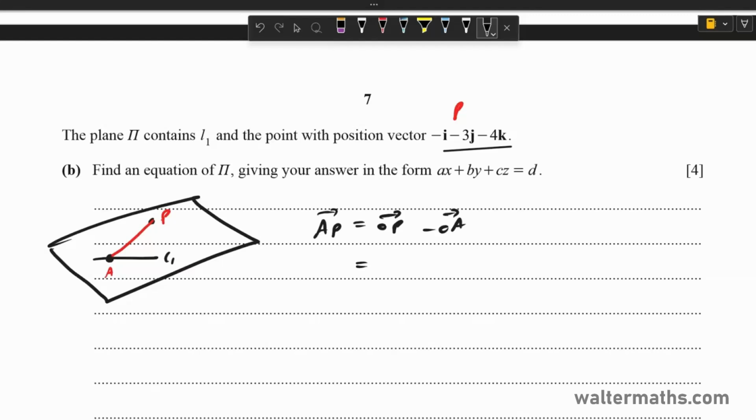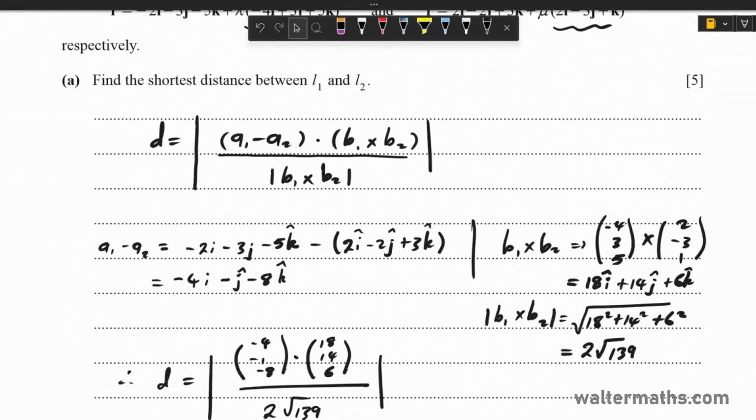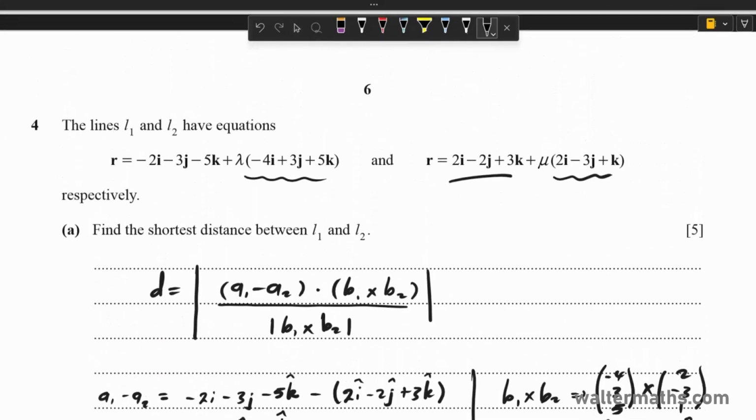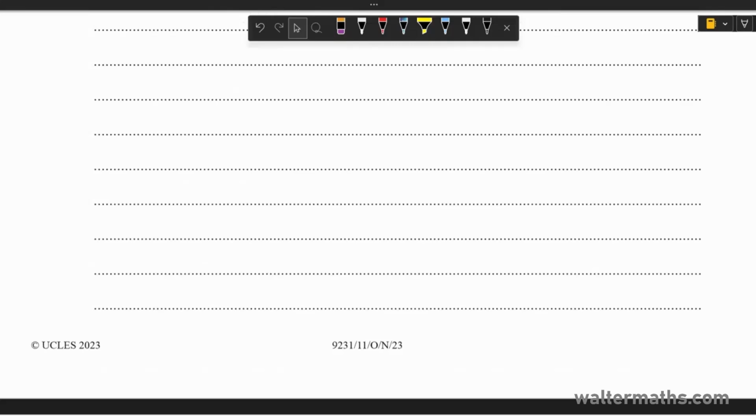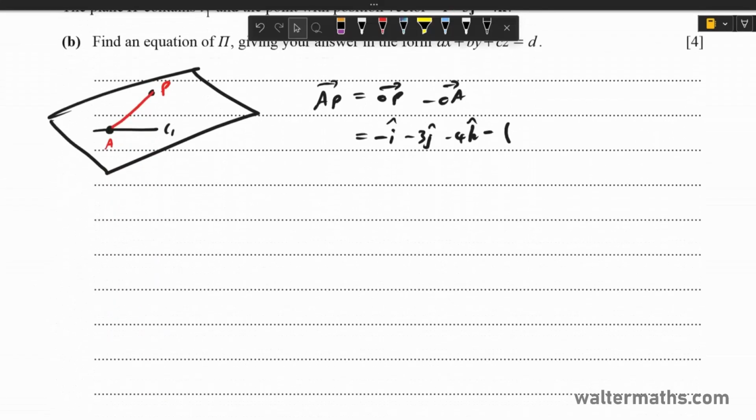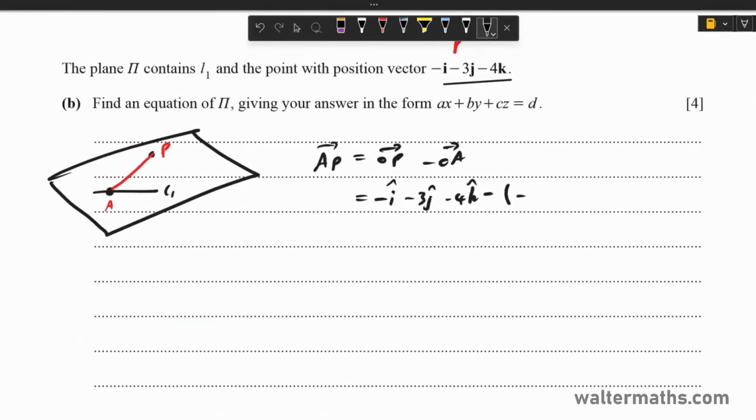OP is this vector they've given us, minus i, minus 3j, minus 4k, and this minus OA is a point on the line L1, and the point on the line L1 is this one, minus 2i, minus 3j, minus 5k. All right, so I'll have that.